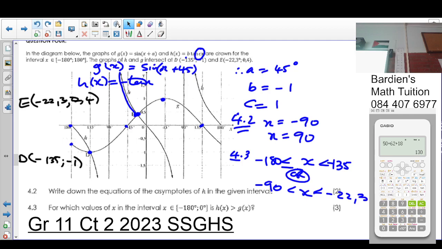According to the memo that you'll find in the description box, she did not include the negative 180. So she didn't penalize you there as well, no? But it should be inclusive. Why? Because at negative 180 h is on top of g. So I must consider the negative 180 as well. Okay? Something to note there.